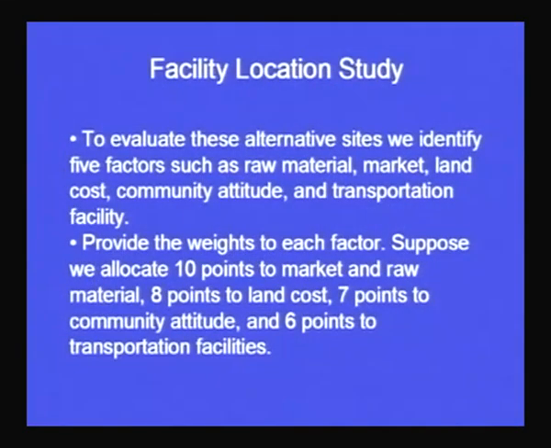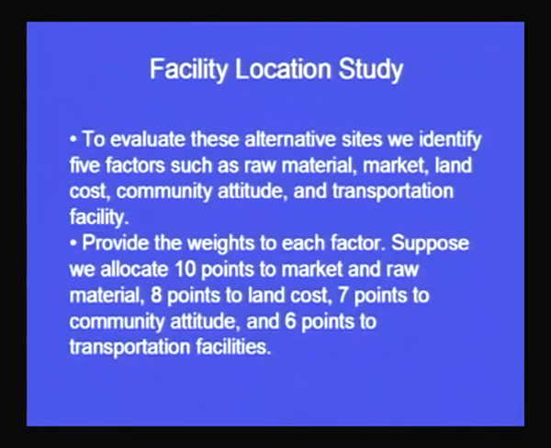To evaluate these alternatives, like the 3 choices that we have, we identify 5 factors on the basis of which we are going to solve this facility location problem. There are 3 alternative sites, as I already told when we studied the problem in the previous slide.